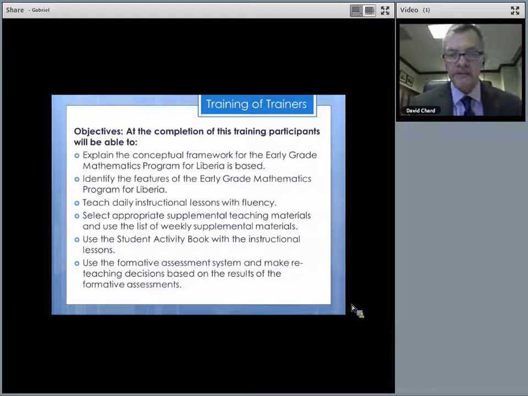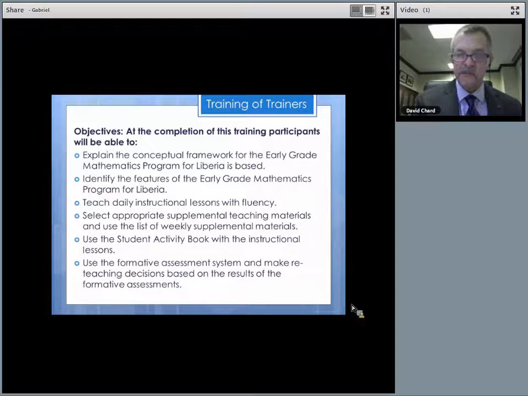If you just kind of look down this, we talked a lot about the conceptual development of the program, and then really giving the trainers a chance to connect it to the Liberian curriculum and work through some specific lessons so that they understand how models are built, how to talk about those models with children, and then how to look for responses from children that would then help you decide whether or not to speed up the pace of your instruction or slow down and provide more corrective support.